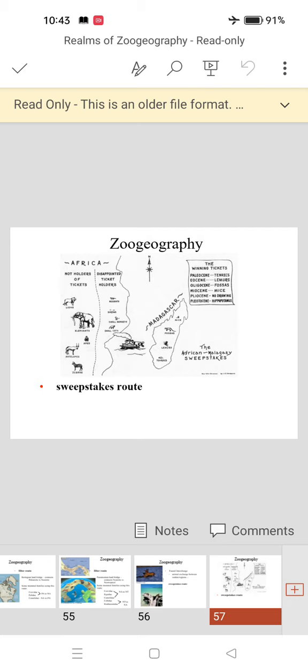Zoogeographic realms are important for the distribution of land animals, and of those living in freshwater, marine, or brackish water. It cannot be confined to any one region, as the seas are interconnected and the only possible barrier for them can be climate.